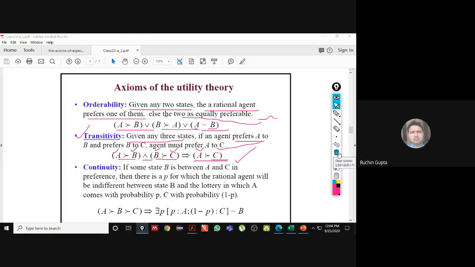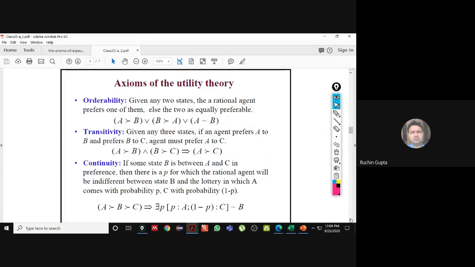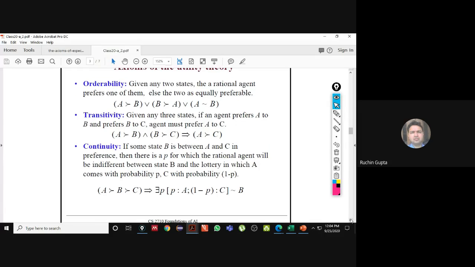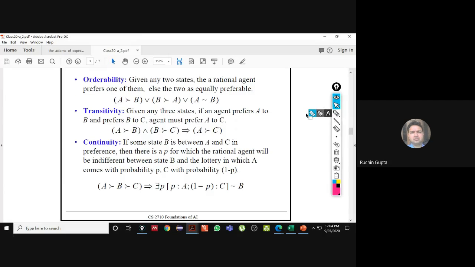Then we have another rule that is called the continuity rule. Okay.